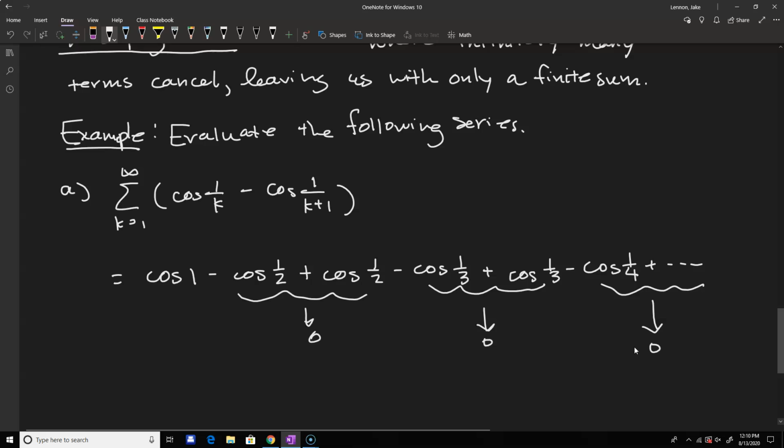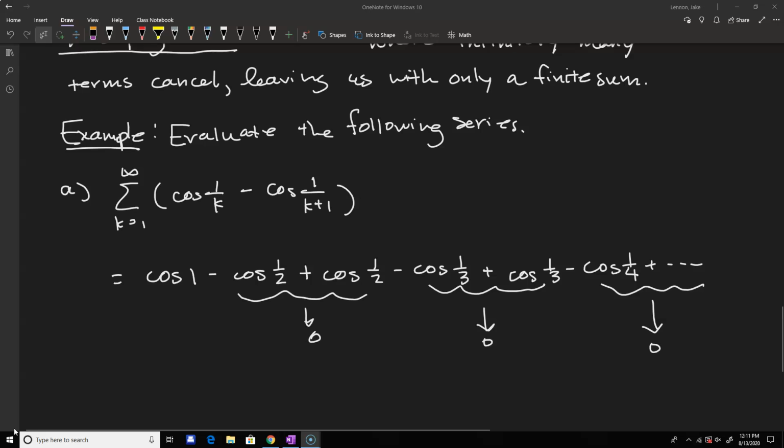So the whole series evaluates to, essentially, the cosine of 1 minus the cosine of 1 over k plus 1.